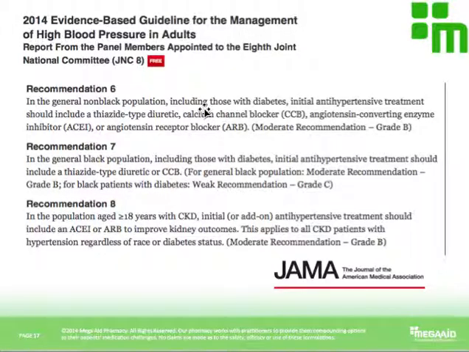Here are guidelines. This is JNC 8, and these are basically guidelines on how to treat high blood pressure in adults. These are published in the Journal of the American Medical Association, and you can see that these are very specific recommendations.